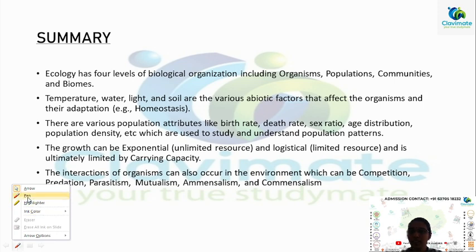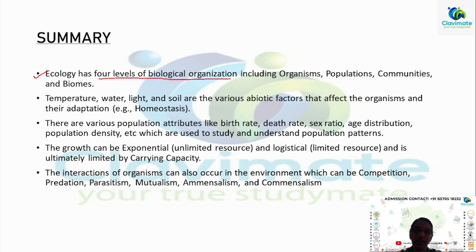So in summary, ecology has 4 levels of biological organization. From organisms, populations arise; from populations, communities arise; and from communities, biomes arise. We have temperature, water, light and soil, which are the various abiotic factors which affect organisms and their adaptations. There are various population attributes like birth rate, death rate, sex ratio, age distribution and population density, which are used to study population patterns.